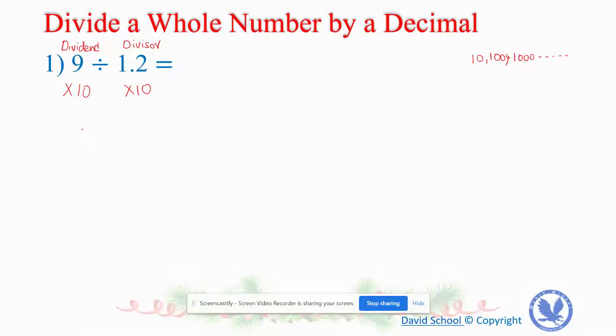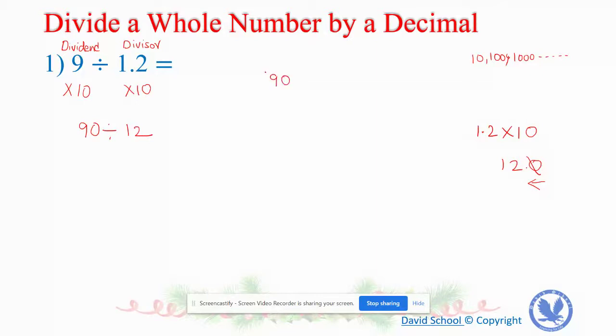So 9 times 10 is 90, divided by 1 and 2 tenths times 10. Ignore the decimal and multiply. 12 times 10 is 120. Now place the decimal from right to left by one place. Now 12. So 90 divided by 12.